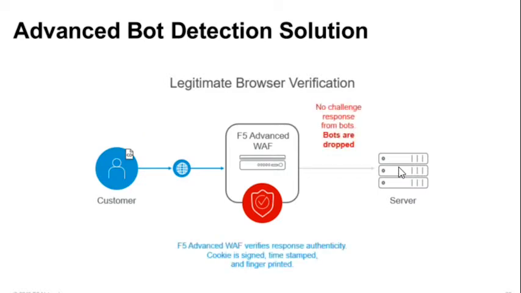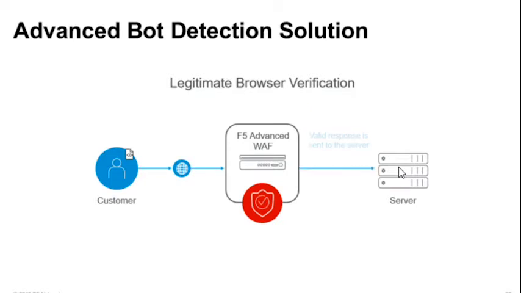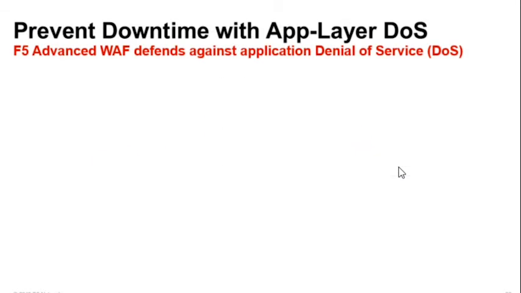And then it stamps a cookie and sends it onto that device, which will then talk immediately back to us, so we don't have to do that again. We know it's a legitimate user. So the valid response is then finally sent to the server, and then the server responds with information, and those continuous invalid bot requests are just blocked, and the user doesn't have to do the challenge again, and they continue to work.